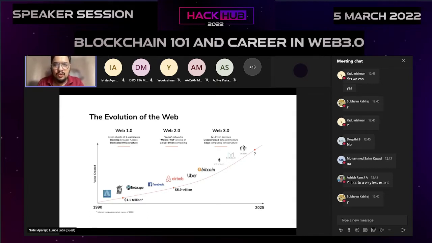So slowly, Web 1.0, the concept of internet that started with sharing of information in mind, suddenly became this whole rat race of data, wherein huge companies hold large amounts of data about every aspect of your life, and then they sell that data to advertising companies and sell those ads to you. So that was Web 2.0.